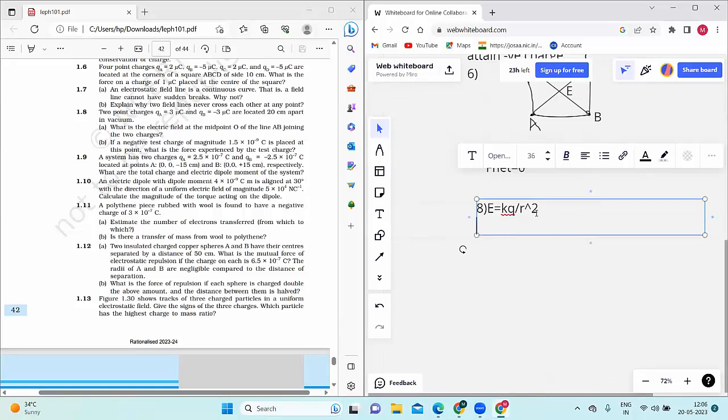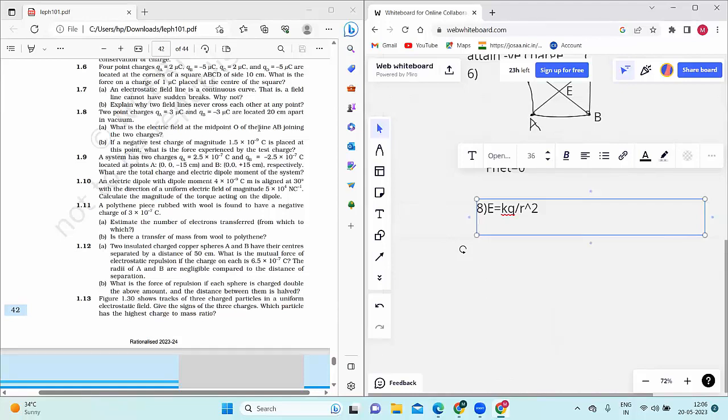As the direction of the fields is the same, the net electric field will be double the electric field due to a single charge.